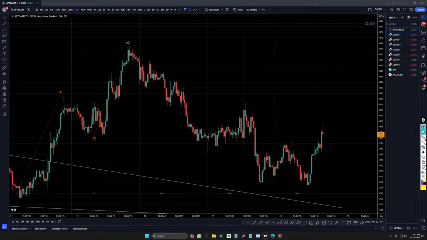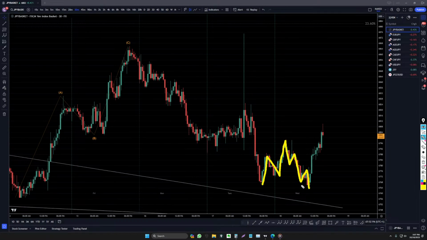Just trying to figure out if that really is like the end of something. It definitely was three waves up, but three waves up could be a flat, because a flat is a 3-3-5 pattern, or a 3-3-3 pattern is a WXY, but that doesn't fit either because this is a trend for sure.